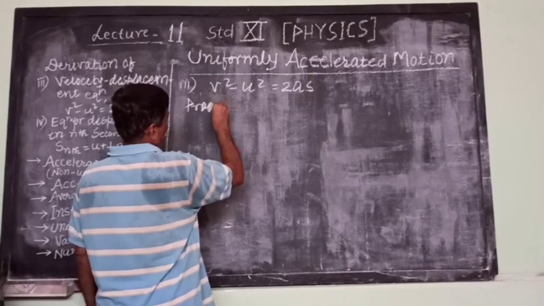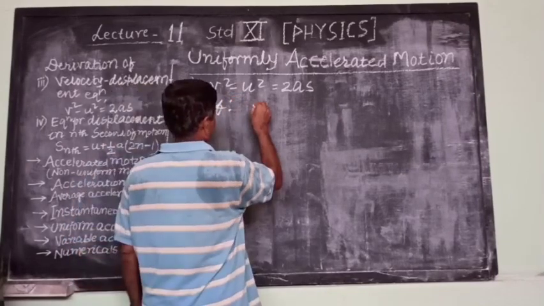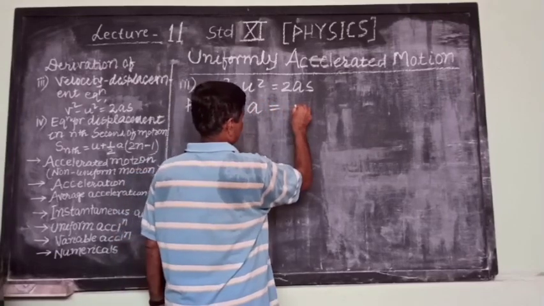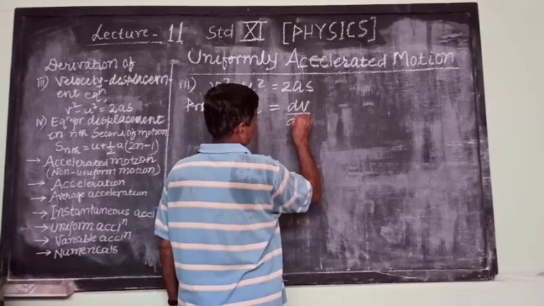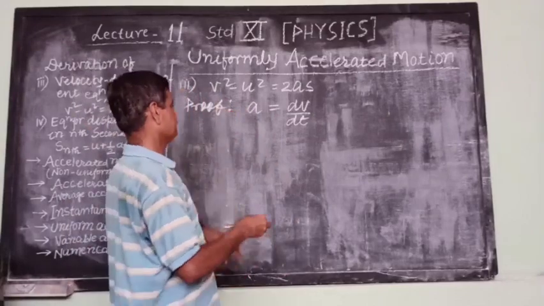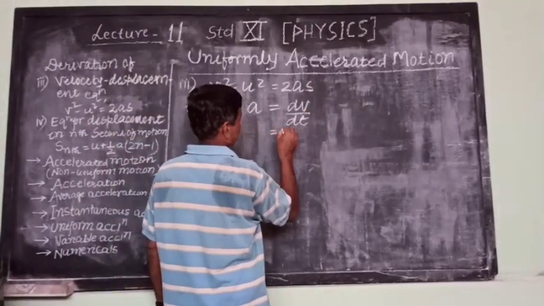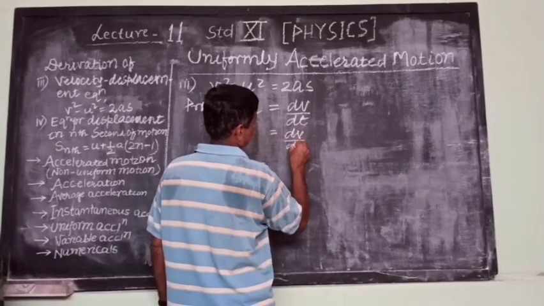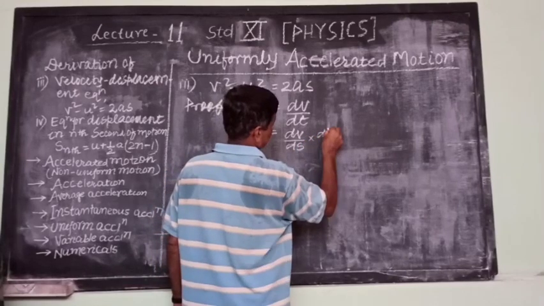Let a body be moving with uniform acceleration, then acceleration can be written as dv by dt, rate of change of velocity, that is acceleration, and we can write this equation as dv by ds into ds by dt.